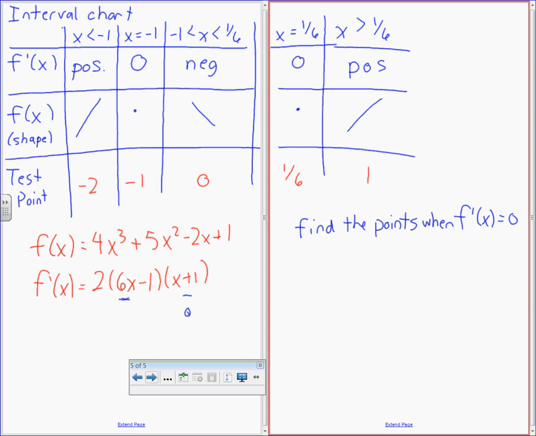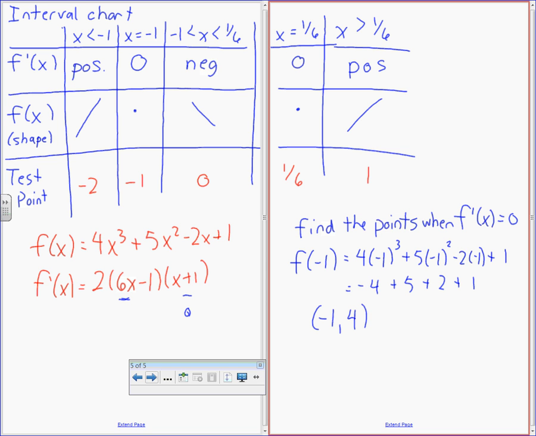So I'm going to find f of negative 1, which is going to be 4 times negative 1 cubed plus 5 times negative 1 squared minus 2 times negative 1 plus 1. That's going to be negative 4 plus 5 plus 2 plus 1, which is going to be 4. So I will have a point on the graph, negative 1 and 4.